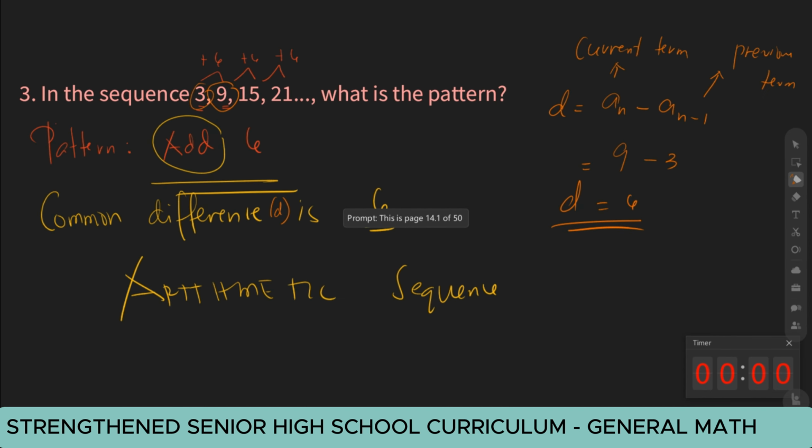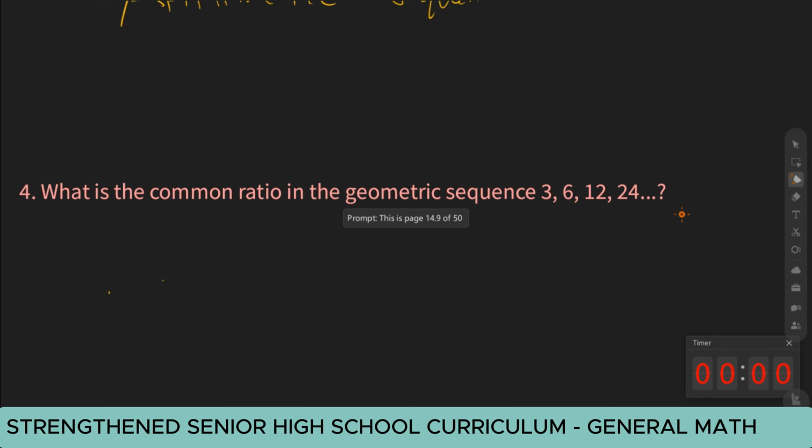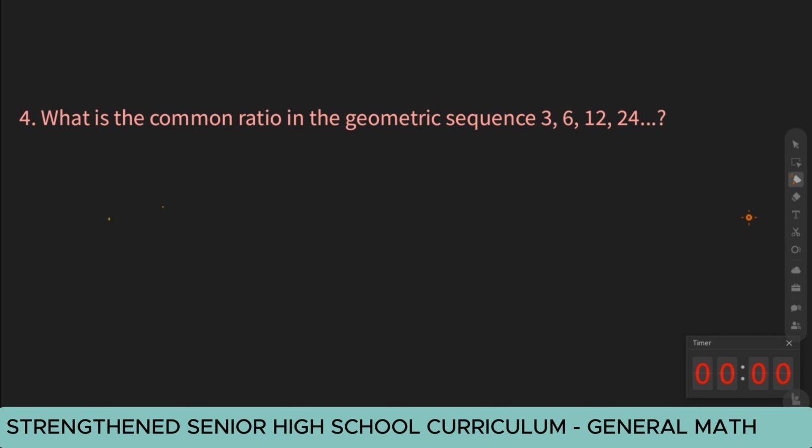So let's have number 4, since we already know the formula for common ratio and common difference. Since we are looking for the common ratio, we need to divide term 2 by term 1.